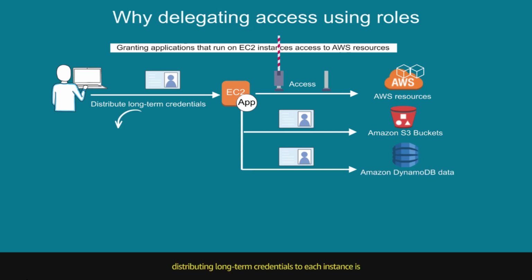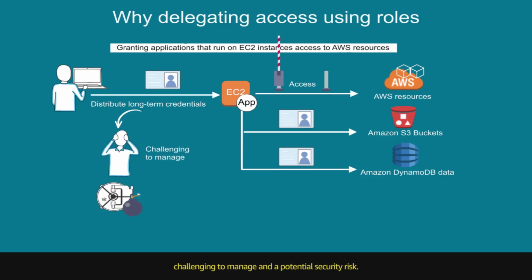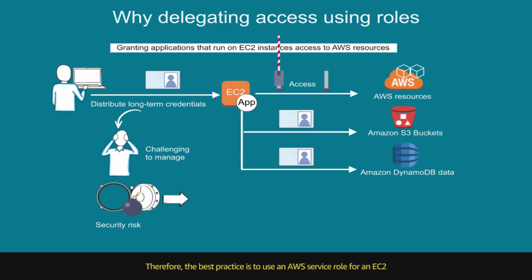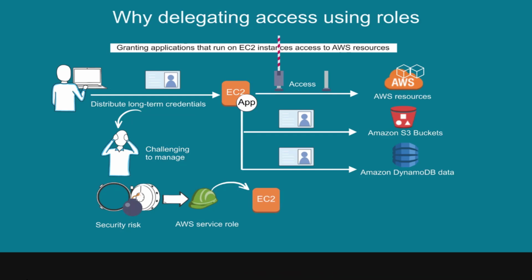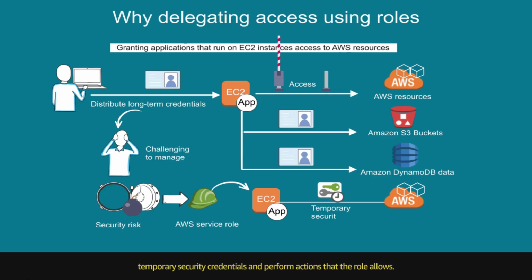However, distributing long-term credentials to each instance is challenging to manage and a potential security risk. Therefore, the best practice is to use an AWS service role for an EC2 instance. Applications running on that instance can retrieve temporary security credentials and perform actions that the role allows.